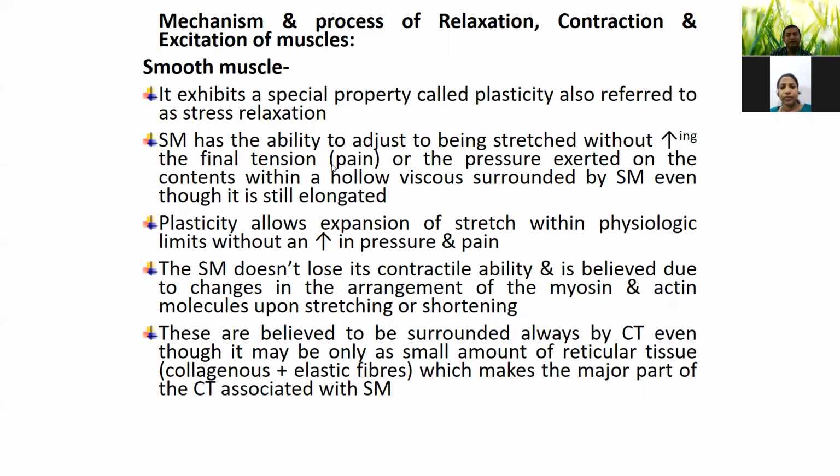So to continue with the types of muscles and their classification. The very first topic will be the mechanism and process of relaxation, contraction and excitation of muscles. As we have discussed in the previous class, there are basically three types of muscles: skeletal muscle, cardiac muscle, and smooth muscle.